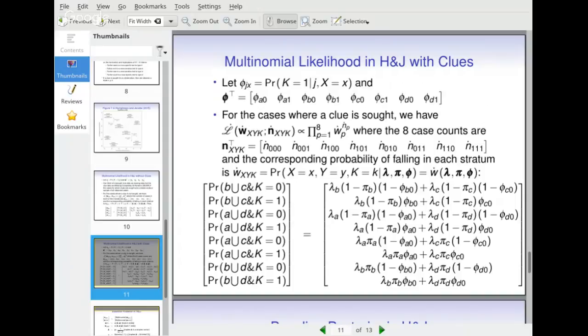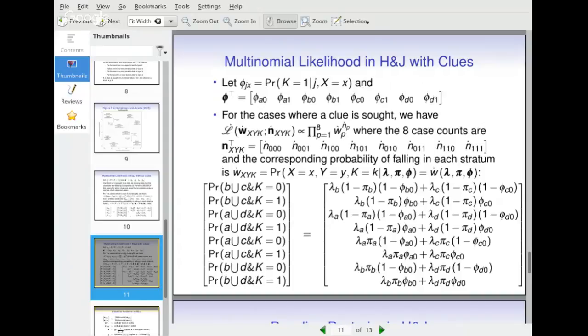So the N now is the N with the dot over it. This is a vector of length 8. The number of cases where you sought the clues, the number of cases that fall in each of the 8 buckets for x, k, and y, all those combinations. So we have some number of cases, maybe 0, in each of those strata.